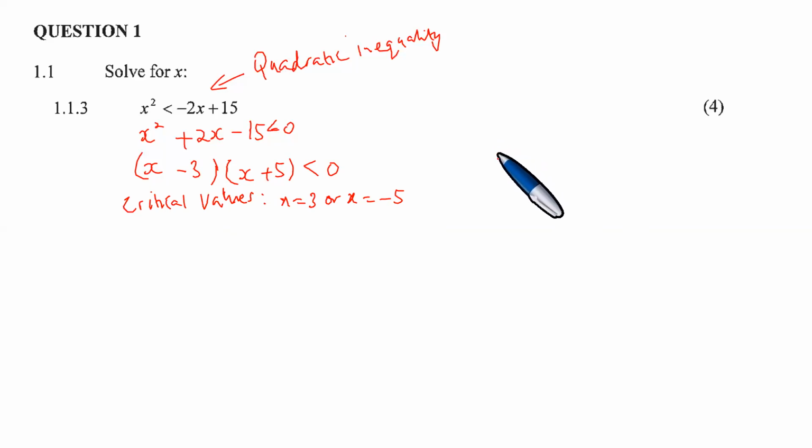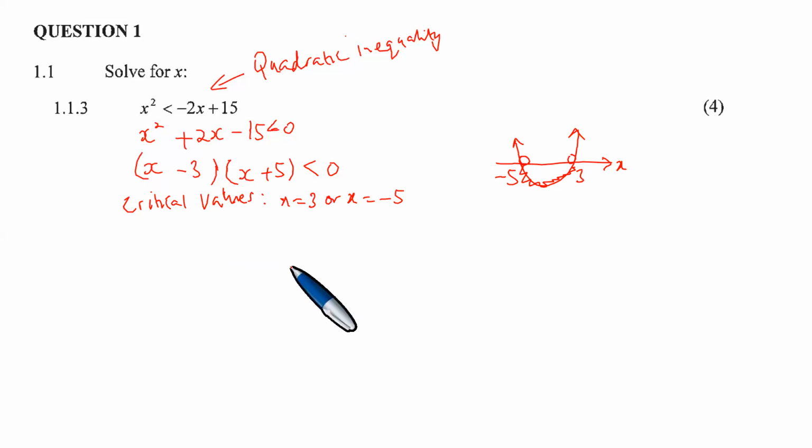So now it means, therefore, we look at the associated graph of this because the coefficient of x squared is 1. Therefore, it's going to have a minimum vertex, with x-intercepts at minus 5 and 3. If this is negative, it focuses on the part of the graph that is below the x-axis, so we focus on this. So as a consequence, what are the solutions to this?